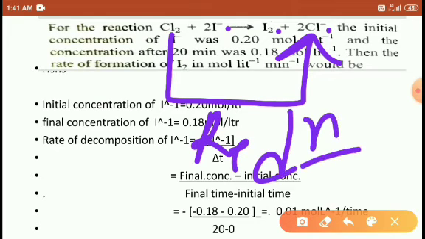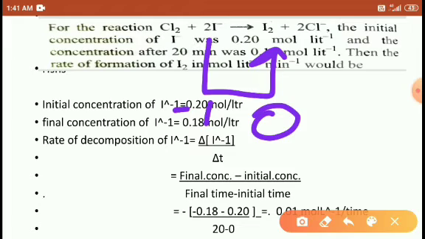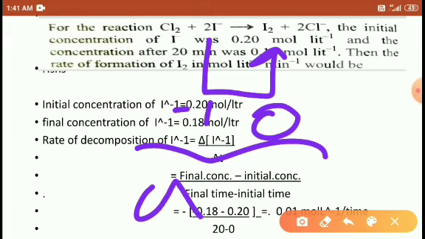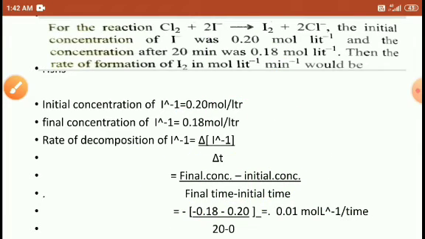That is the reduction reaction. Right? It is 0 oxidation state here, it turns into -1. Right, students? And the iodide ion turns into iodine. It means here the oxidation state is -1, it turns into 0. So here the oxidation reaction occurs. Right, students?